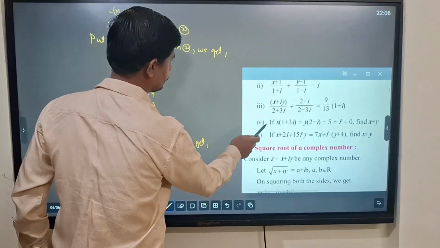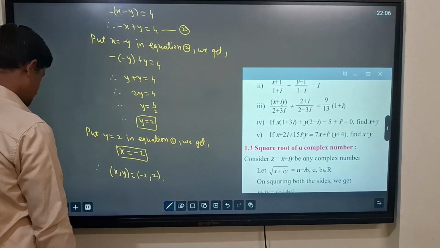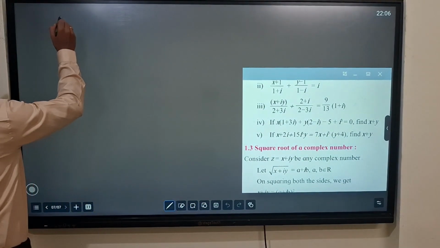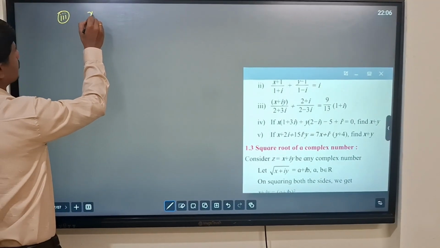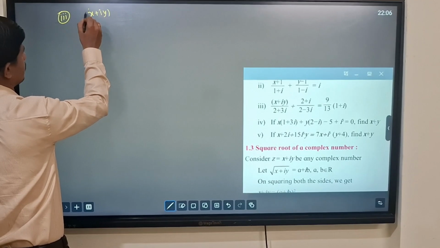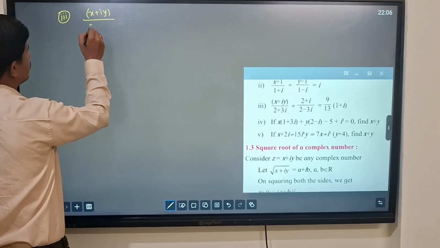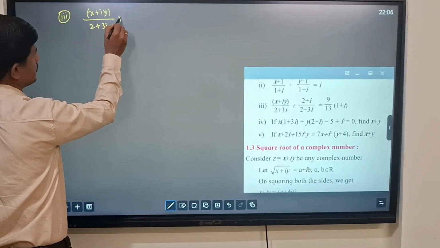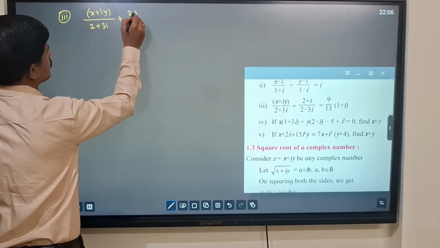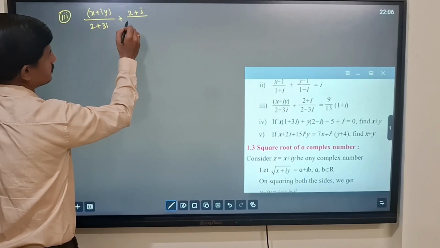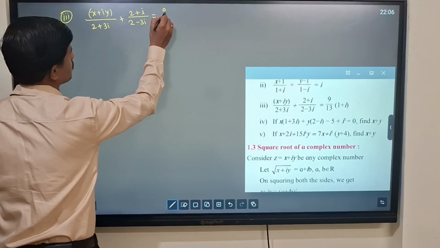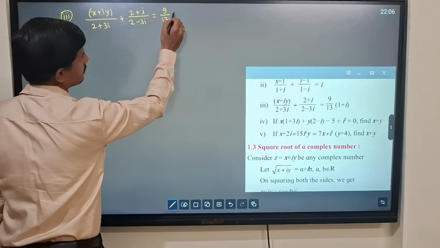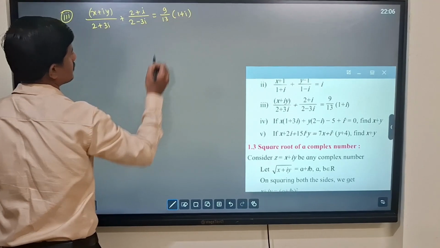Now third one, x plus iy upon 2 plus 3i plus 2 plus i upon 2 minus 3i equal to 9 by 13 into 1 plus i.